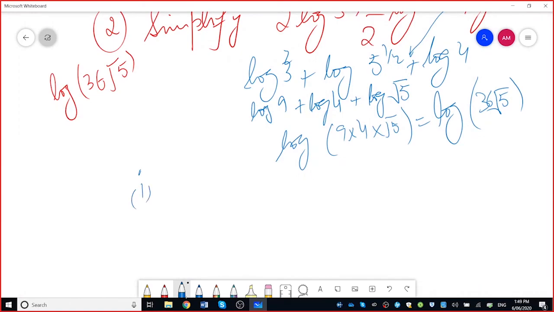Just let me have a few more questions quickly. One more question. This has 2 marks, so simplify log of 16 to the base 4 divided by log of 64 to the base 4.